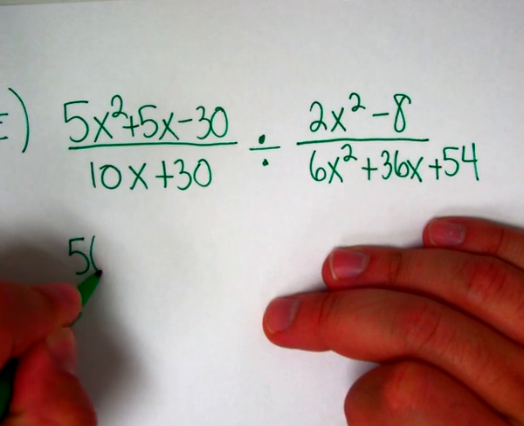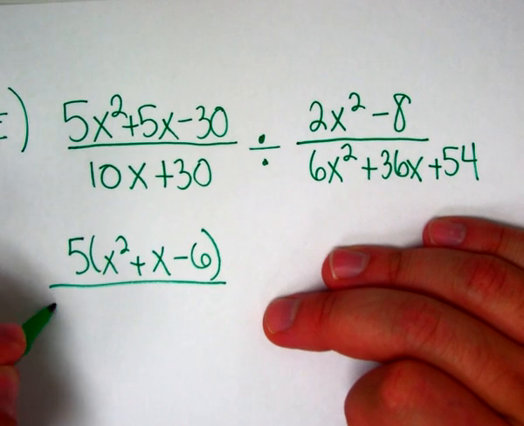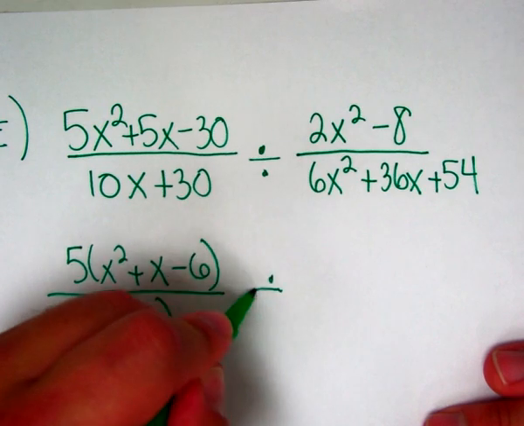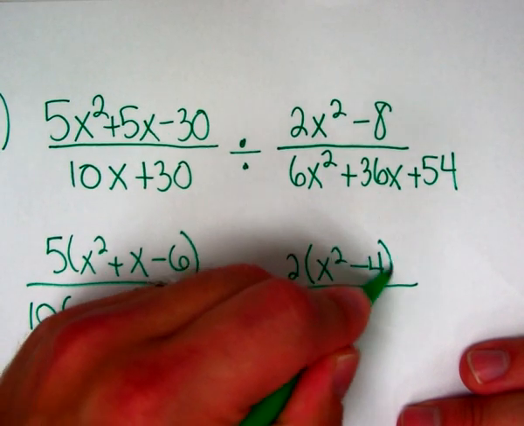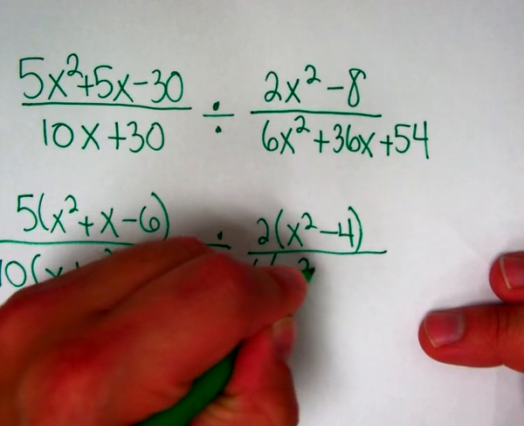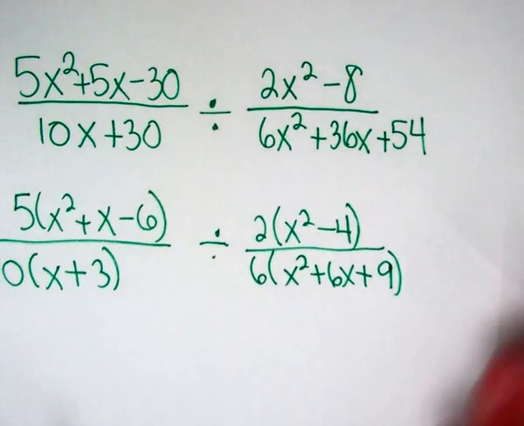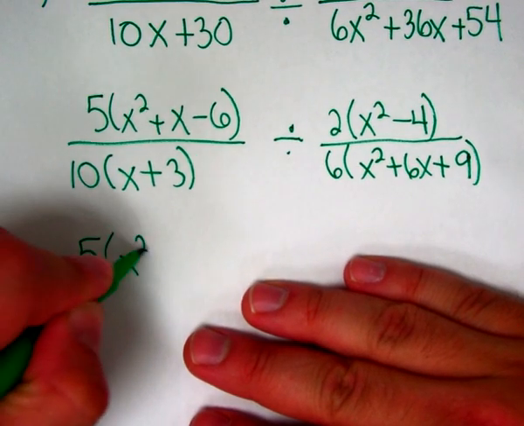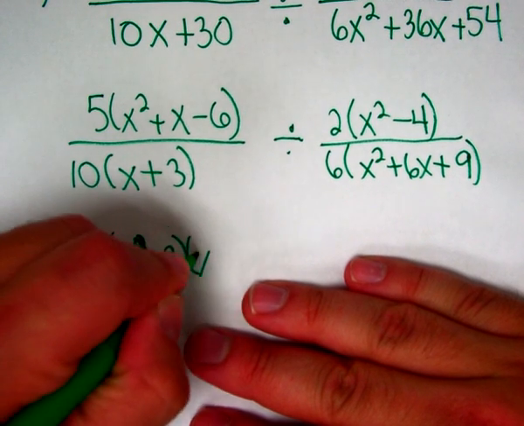We have 5 times x squared plus x minus 6, 10 times x plus 3, divided by 2 times x squared minus 4, 6 times x squared plus 6x plus 9. This will become 5 times x plus 3 times x minus 2.